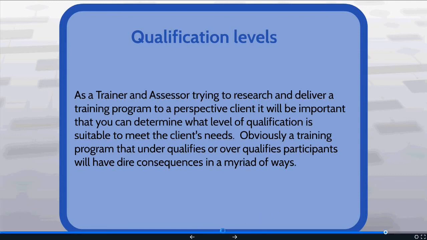You can imagine if a workplace came to you with a training need, and you underqualified everyone, writing a course that was too low, so they were unprepared for the workplace and all got injured and did a terrible job, that'd be terrible. Likewise, if you overqualified people, that's just as bad, because if people are doing a course that's way beyond what's required for their job, you will lose them as students.